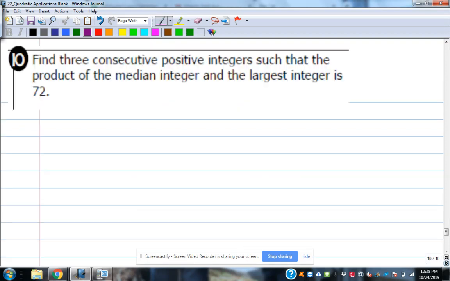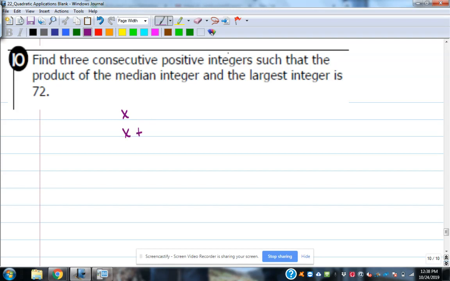Let's look at a harder one. Number 2: 3 consecutive positive integers, just positive integers, such that the product of the median integer and the largest integer is 72. Ooh. Okay, we don't know what these integers are, so let's just call the first one x. What would the next one be? x plus how much?